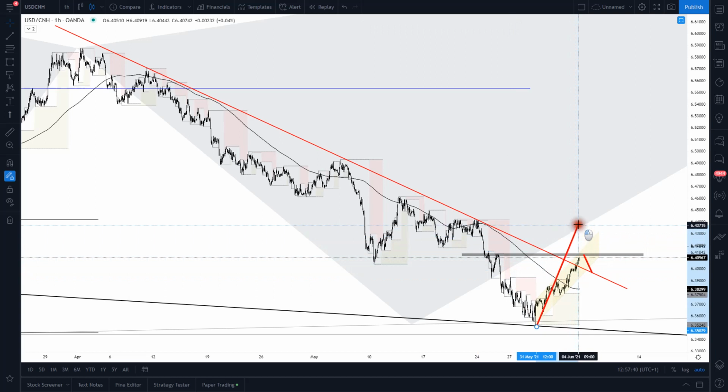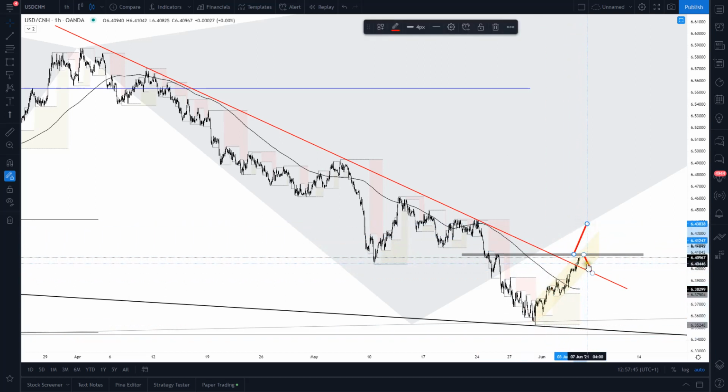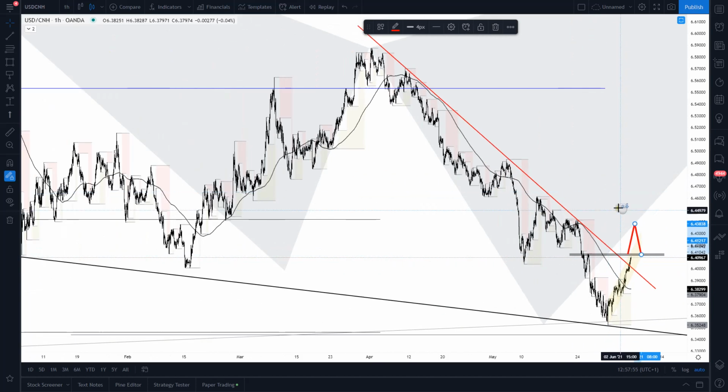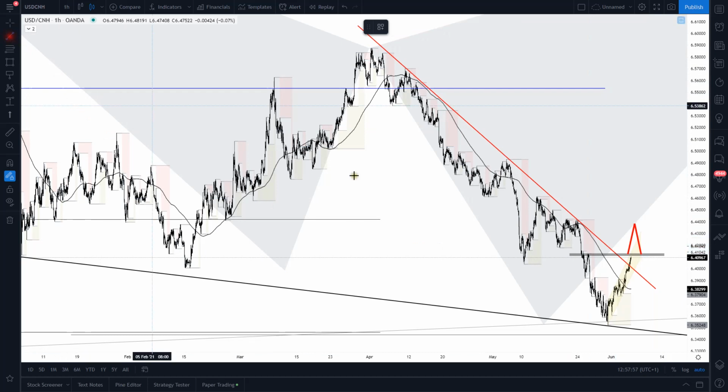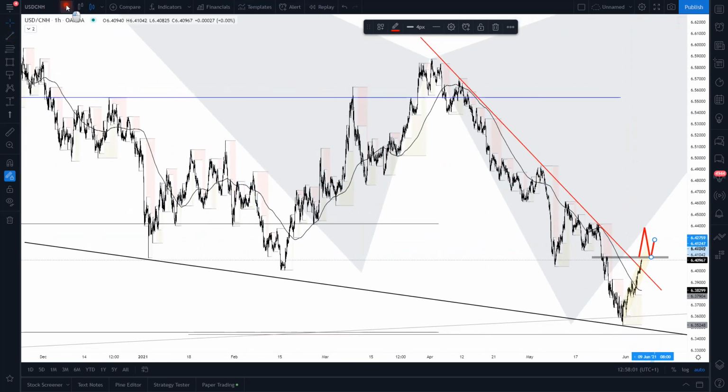If the market decides to trade above that trend line, it needs to find resistance at some point, and eventually a retest of this structure again, or this current price zone. That's a confirmation of a rejection of this zone, which should trigger more upside.